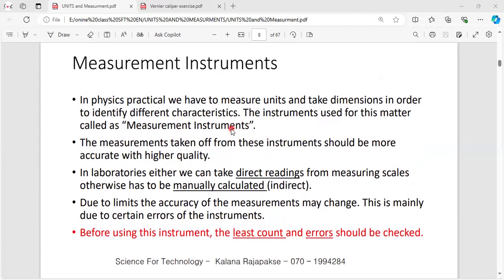The main idea of a measurement instrument is to take the values with higher accuracy as well as higher quality, right? For example, let's say I have a pen tube, a very small thread like this, a very small diameter, right?